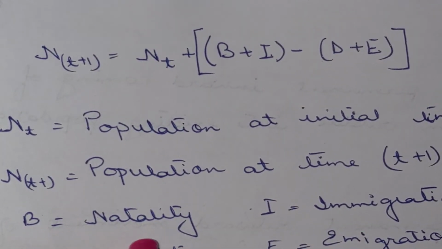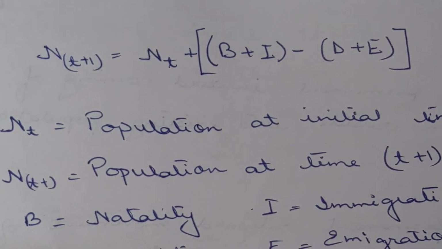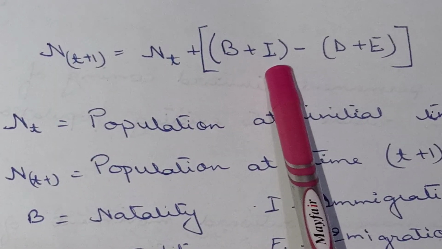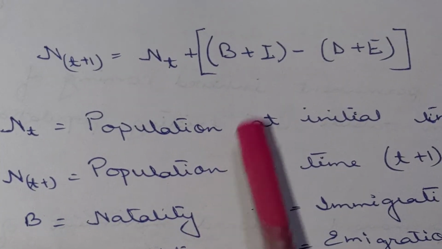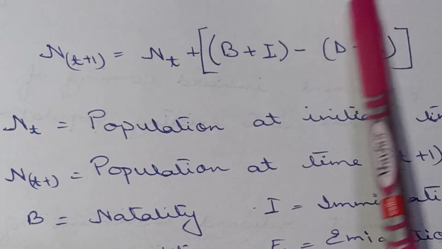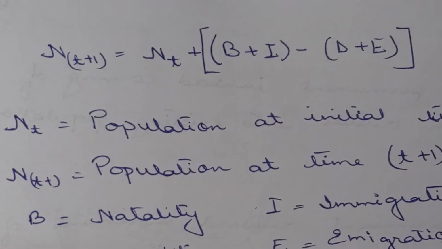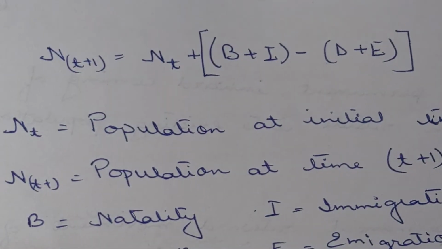B is the natality, I is the immigration, D is the mortality, and E is the emigration. So we sum the two factors which are adding individuals to a population, and subtract the sum of the factors which are deleting individuals, and finally we get the growth.